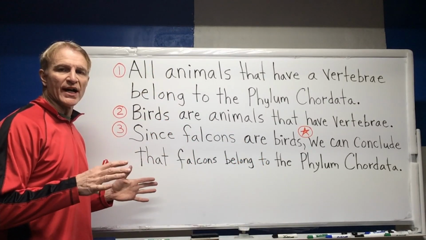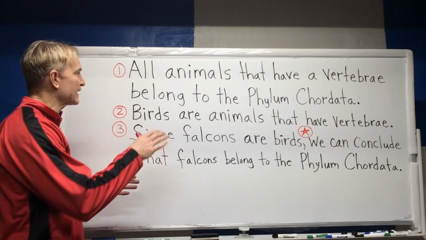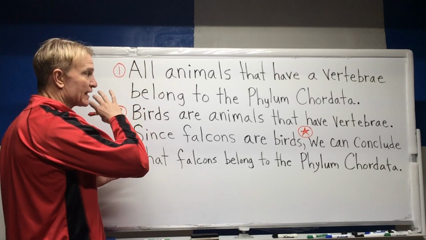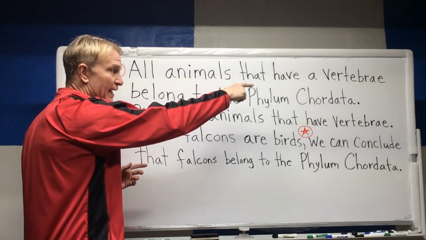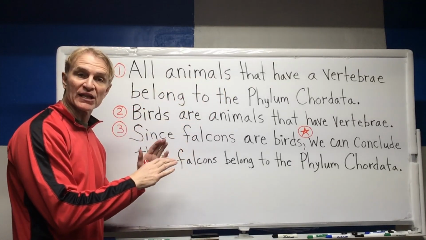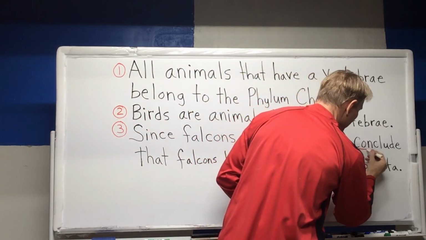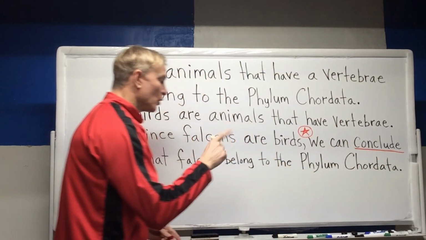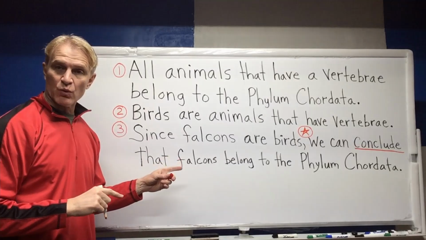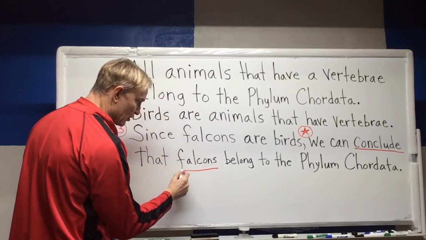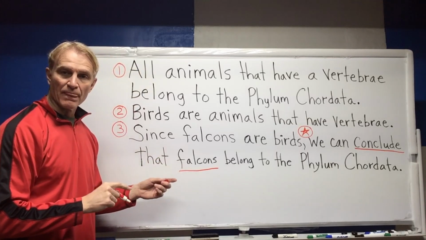Now, premise 1 is probably the strongest statement of the 3. But before we look to see if each one of the statements can independently support the conclusion, which we found over here by noting the word conclude, we want to focus on this one word here, falcons, because a lot of assumptions could be made there.